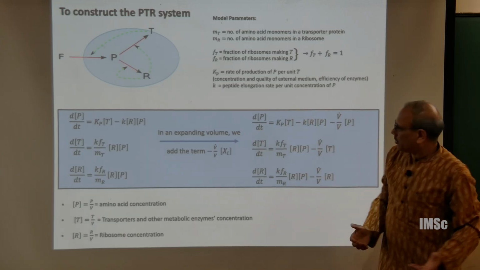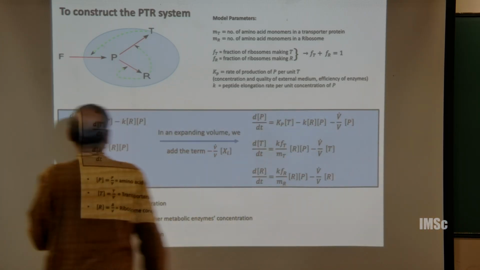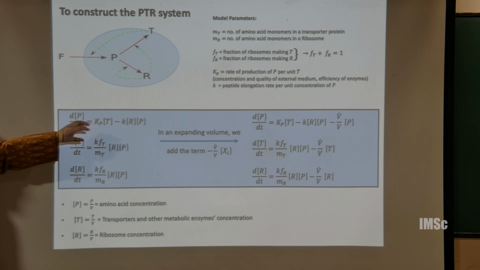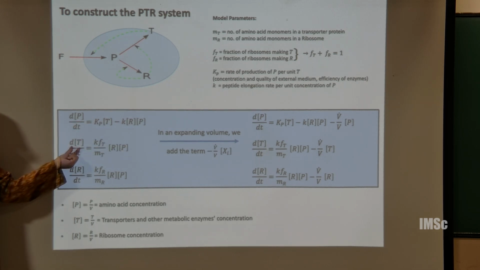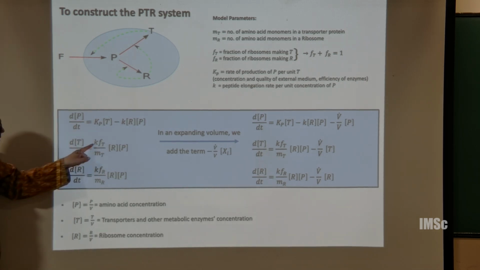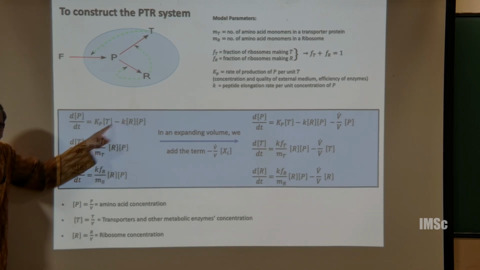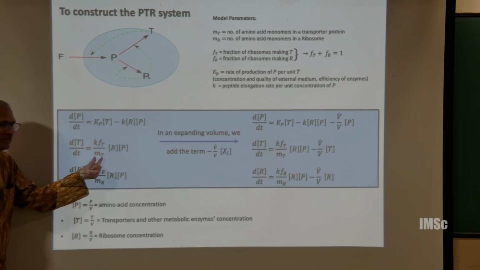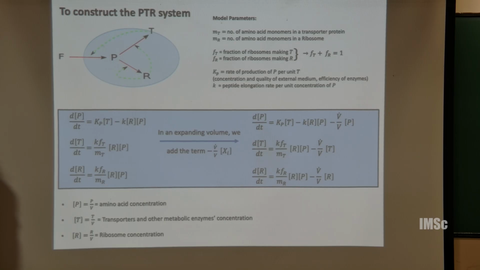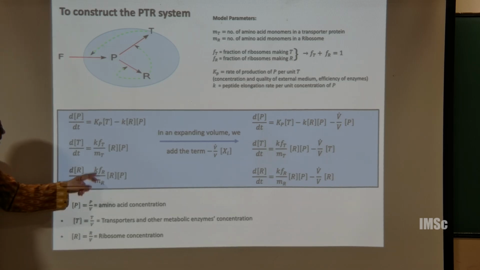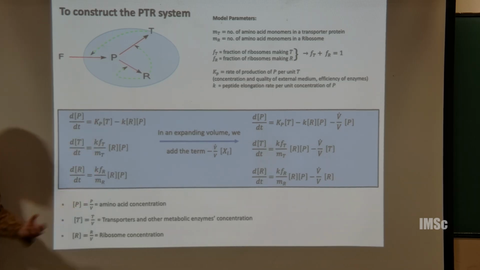So if you're eating up certain amino acids, the number of T molecules that you're going to produce is going to be proportional to that same rate k, but it's going to be diminished by how many amino acids you need to make a single protein molecule. So that ratio is here. Similarly here, it's proportional to k, the peptide elongation rate, and inversely proportional to how many amino acids you need to make a single ribosome. That MR is that number.